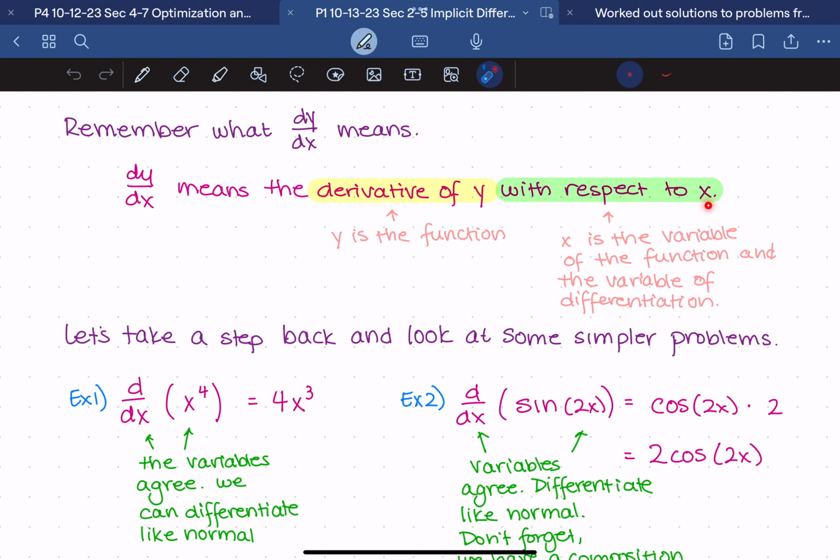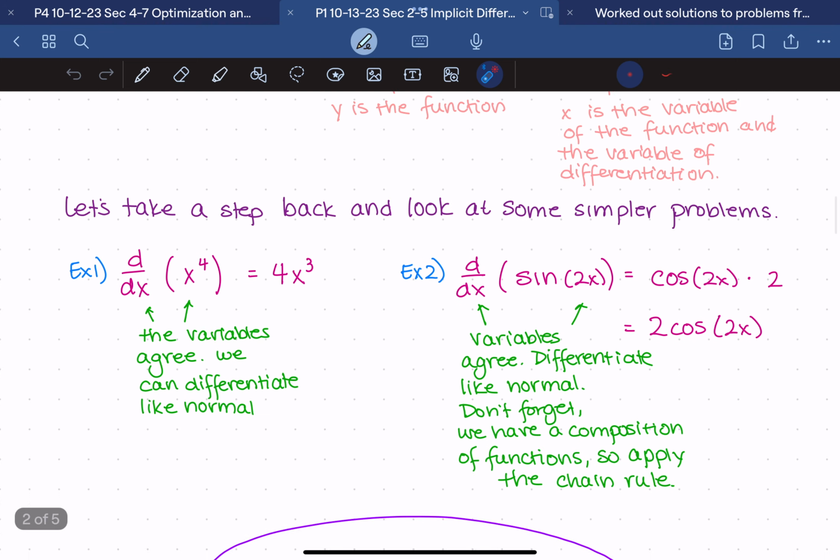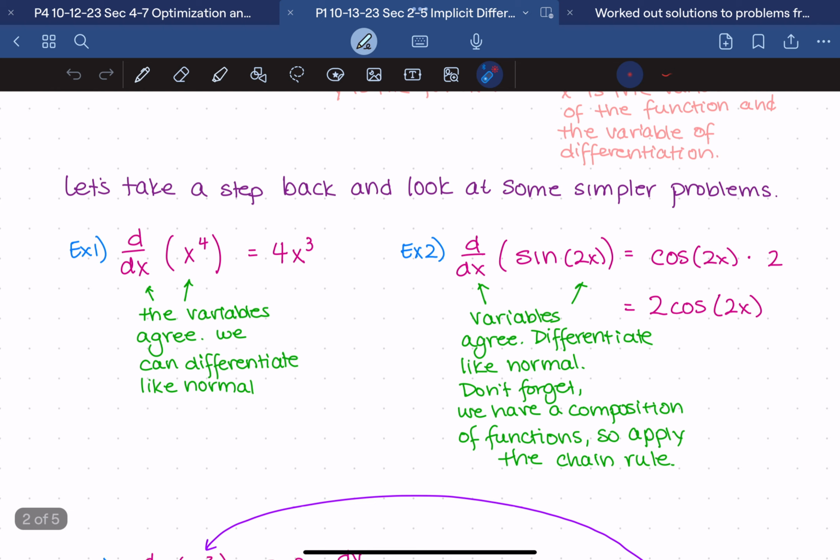And when we say with respect to x, that means x is the variable of the function, or we can also think of it as the variable of differentiation. So we ideally want to be able to solve for y in terms of x. But what if we can't do that? That's implicit differentiation.